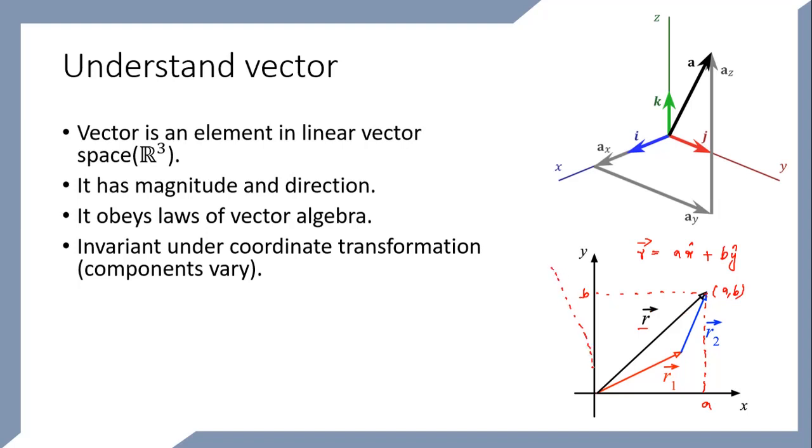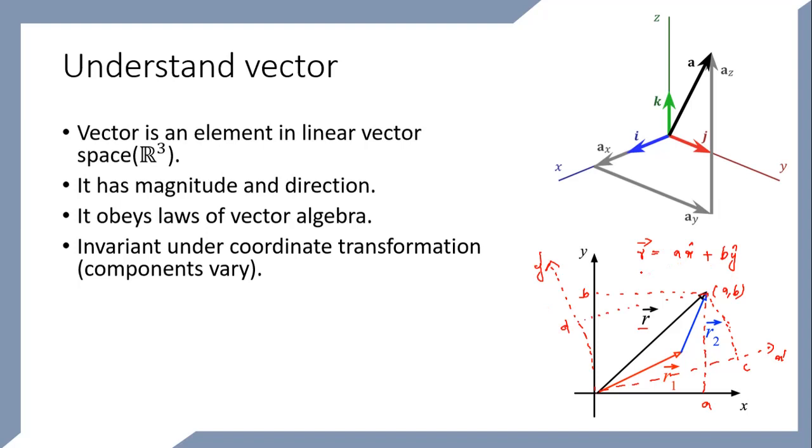Let's say I change my coordinate system to another coordinate system, x dash and y dash. In this coordinate system, my position vector will have other corresponding components, say c and d.